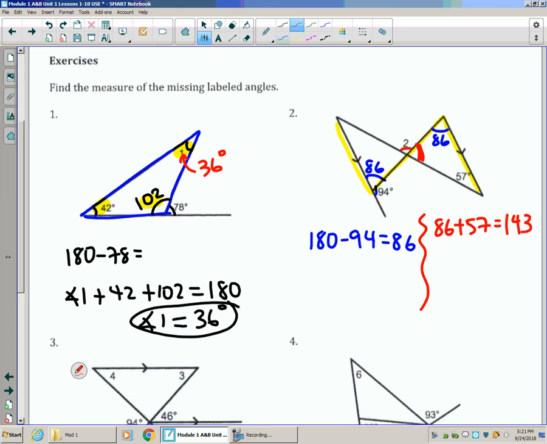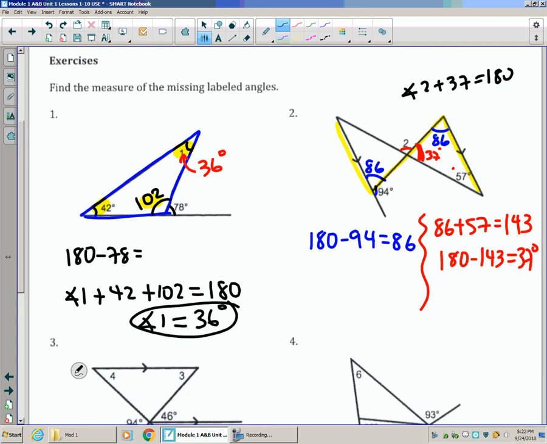143. And I know the sum of all three angles has to give me 180. So far I have two of them. So I subtract 143 from 180 and I get 37 degrees. So in fact, the angle right here should be 37 degrees, but that's not what they're asking me about. They want to know what the outside angle is. But I know that angle 2 plus 37 degrees is equal to 180.